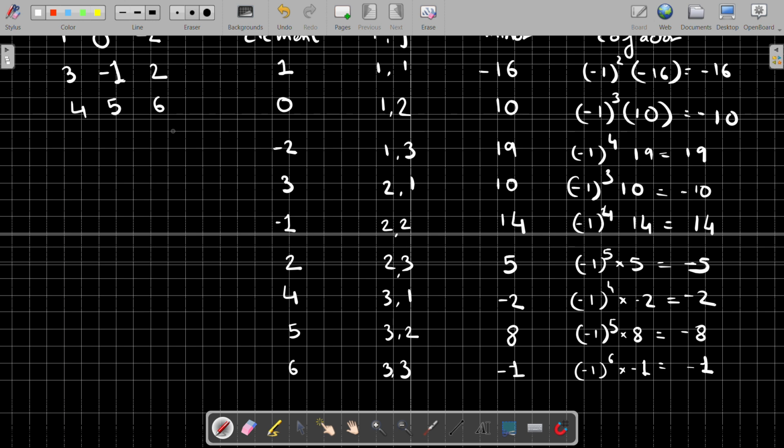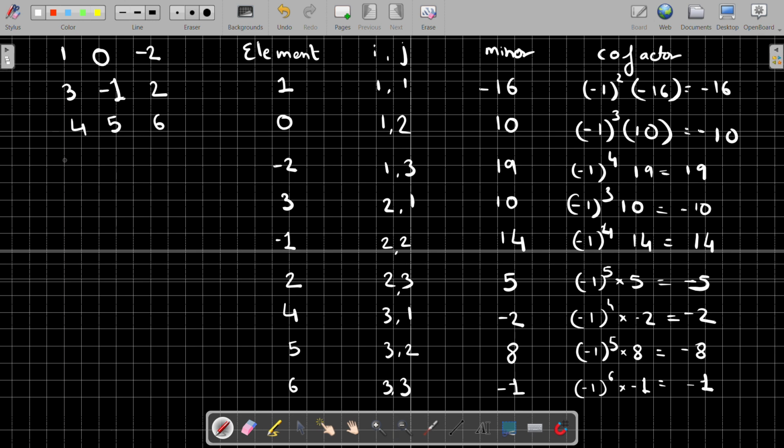So for this example matrix, this is the list of every element's minors as calculated, and this is the list of calculated cofactors of every element.